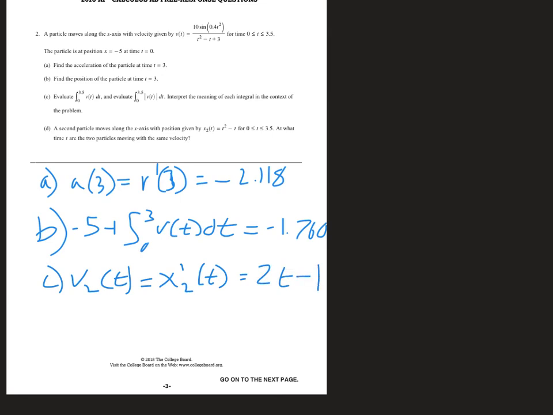So I just need to set that equal to v of t. And when I do that and solve that using my calculator, I'm going to get t is about 1.571. Okay? So shorter one there in terms of FRQs here, and that's 2018 number 2.